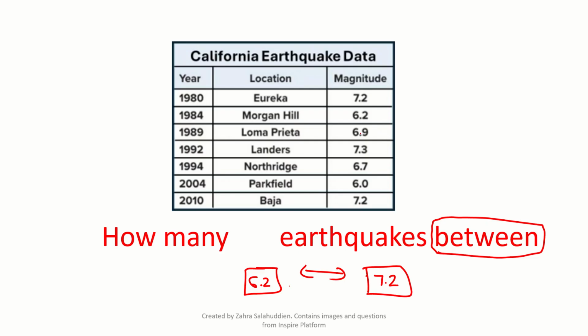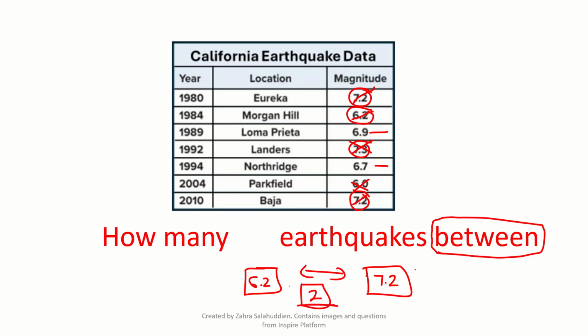So I will look for 6.2, and 6 is not 6.2, so it doesn't count. Here is 6.2, but I will not count it because I want the number between it, not including it. 7.2, 7.2 is over there. Anything bigger than that number, I will not count. Okay, so what am I left with? 1, 2. How many earthquakes between those numbers? I have 2. So my answer is going to be 2.